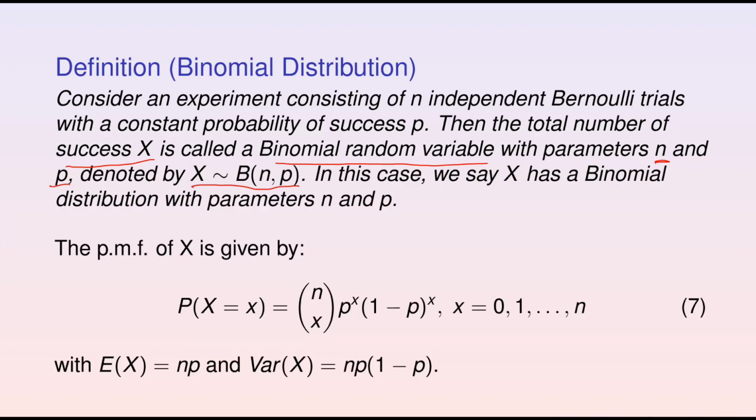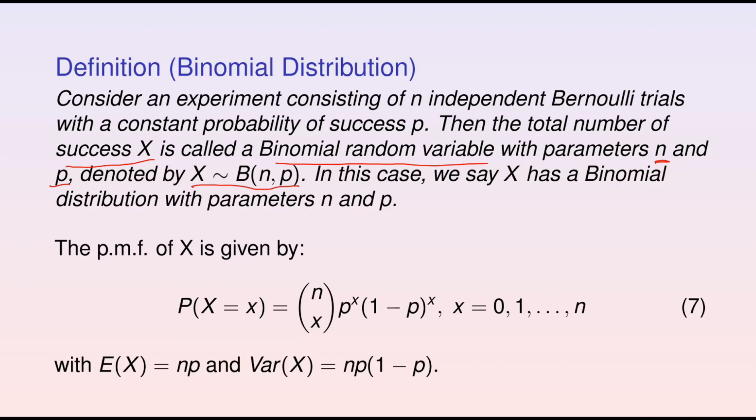Here n is going to be 10 because we have 10 Bernoulli trials, 10 coin flips, the total number of coin flippings. And p, because it's a fair coin, is the constant probability of success, 1/2.